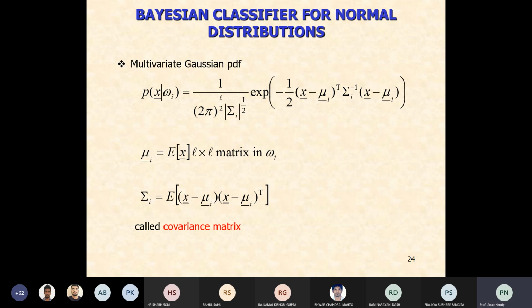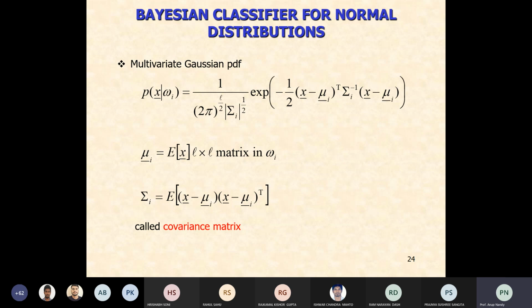From the Bayes decision rule, with some assumptions, you could derive a minimum distance classification rule, called the minimum distance classifier. I am just introducing it today, and tomorrow I will explain how, with some assumptions, you can get this minimum distance classification rule from the Bayes rule.